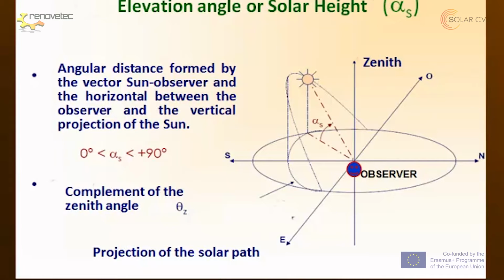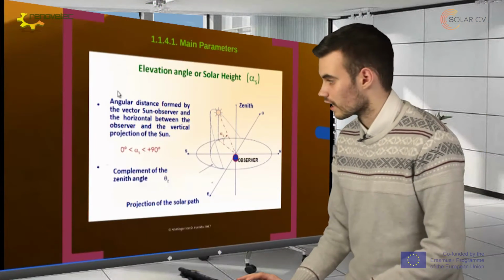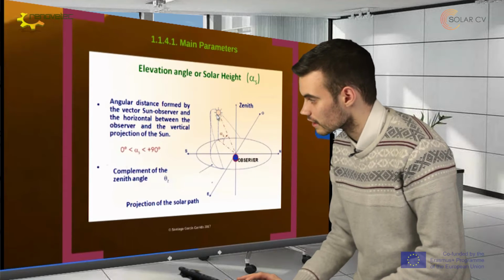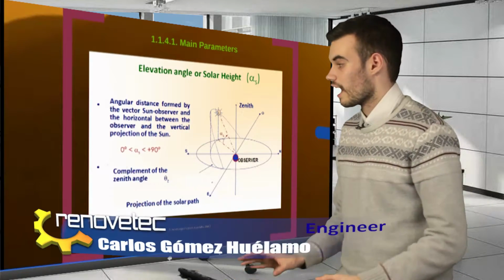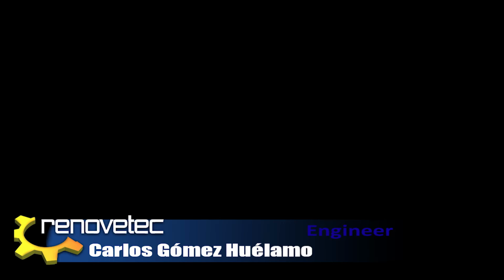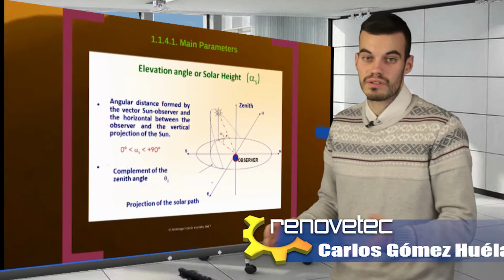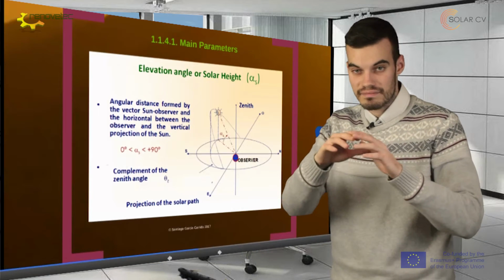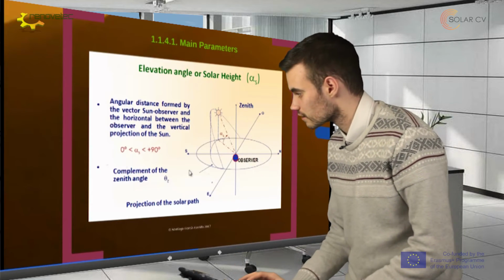And on the other hand it's the same. If the sun is here, the angular distance is going to be 0, and if the sun is directly overhead, i.e. zenith angle is 0, the elevation angle is going to be 90, because they are complementary angles.